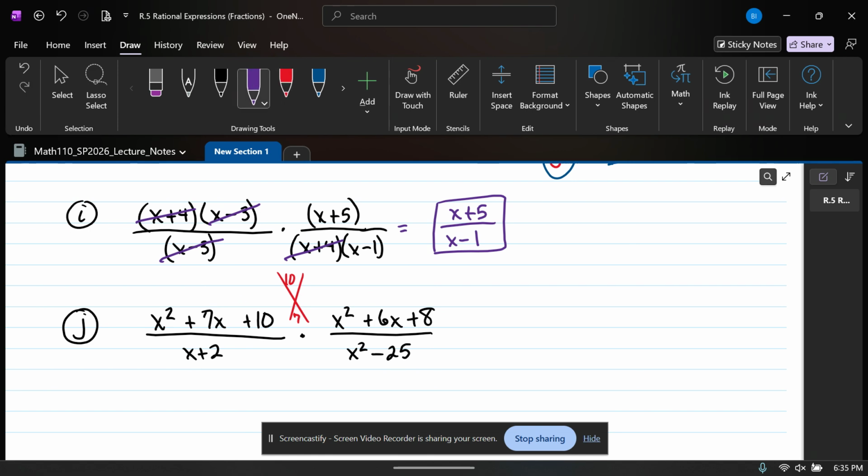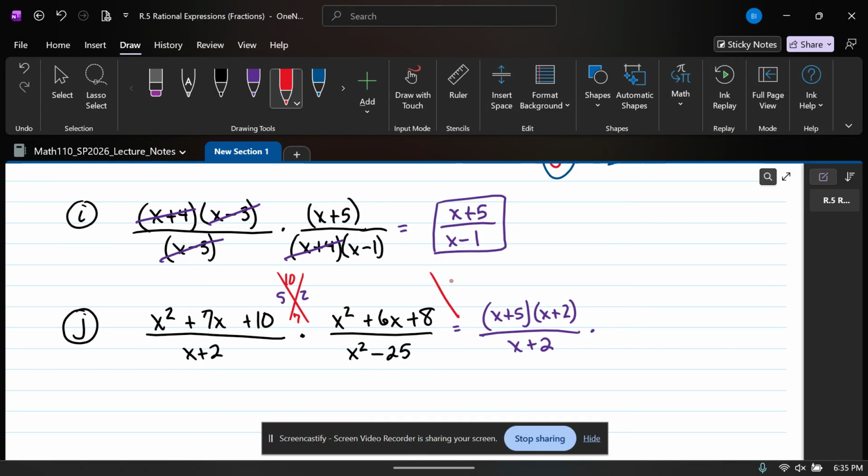All right. So what multiplies to be 10 and adds to be 7? 5 and 2. That's good news. So that's going to be x plus 5, x plus 2, and then the bottom has the x plus 2 that nothing happens to. Okay, so there's our first fraction factored. Second fraction, let's factor it.